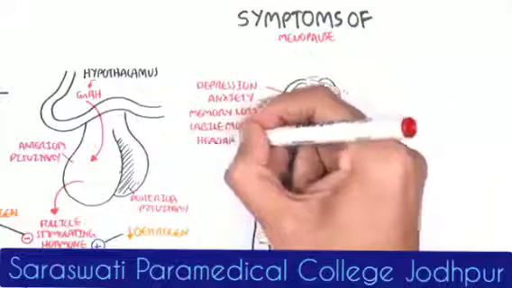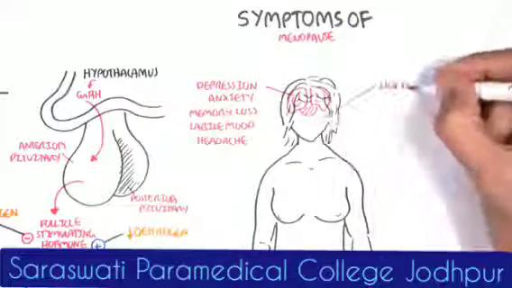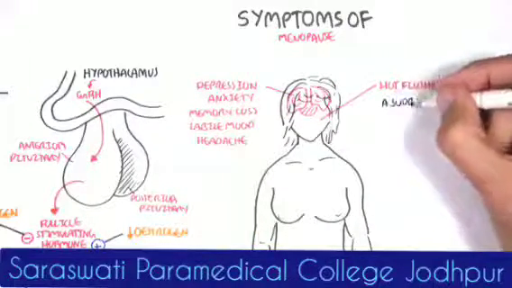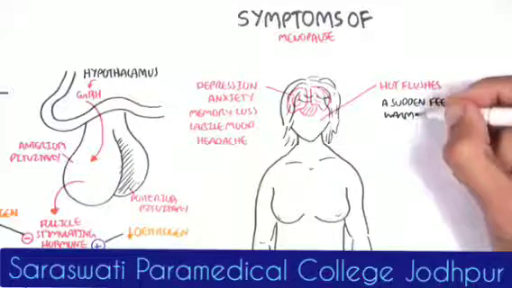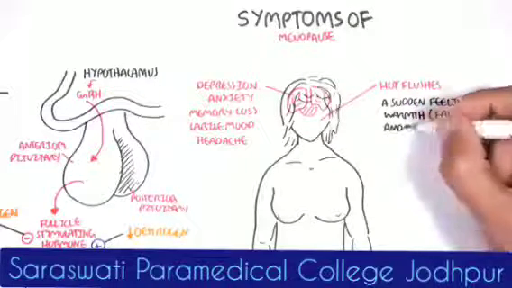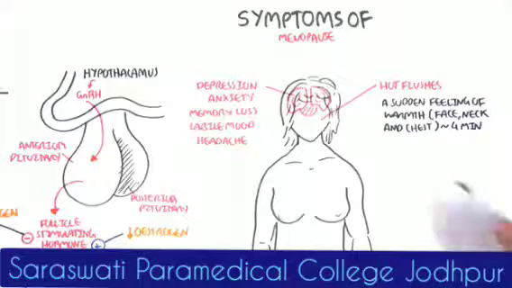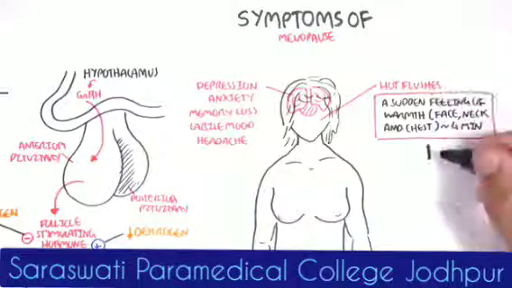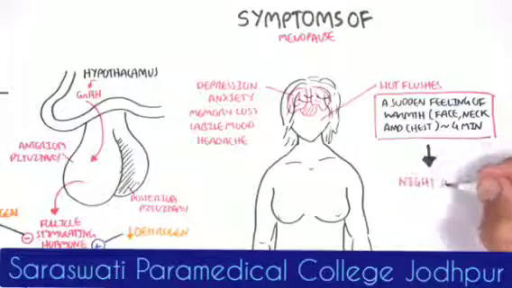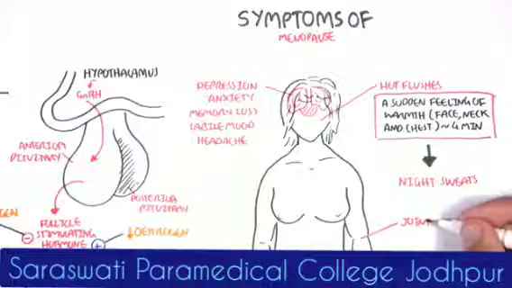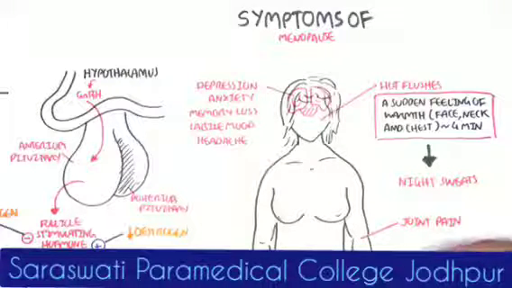Menopause also triggers hot flushes, which is where one experiences a sudden feeling of warmth in the face, neck, and chest area for about 4 minutes. And this can trigger night sweats. Other symptoms include joint pain and weight gain.